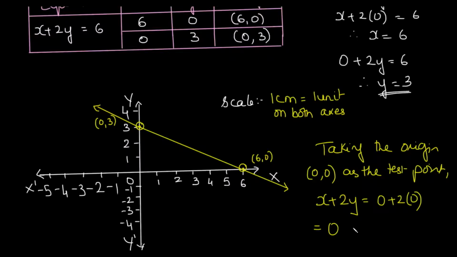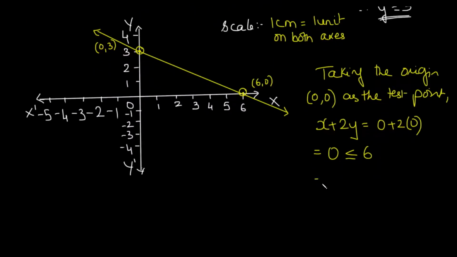And is 0 less than or equal to 6? Yes, it is less than or equal to 6. Remember the given equation was x plus 2y less than or equal to 6. So when we put 0, 0, the equation obeys this particular condition. The answer that we get upon putting 0, 0 is indeed less than 6.